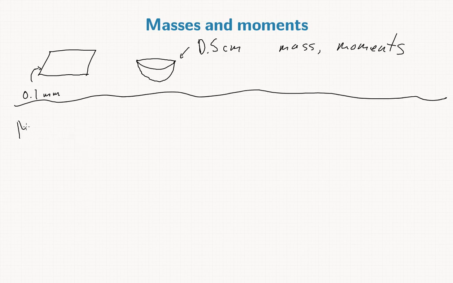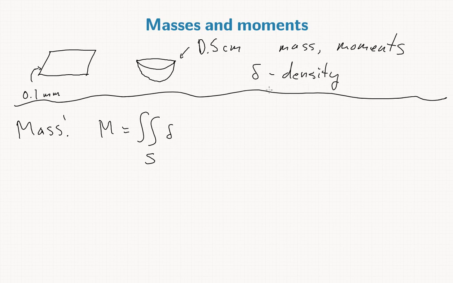So the mass is going to be given by m is the integral over S of delta, where delta is a density function. Adding a density is what turns us from just a mathematical object into something representing a physical object. So the mass is the integral of the density over the surface.